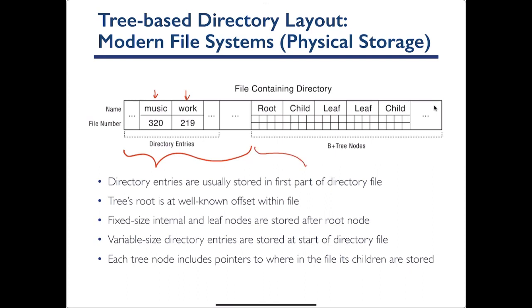Now you need extra room to store your B star tree nodes, the nodes that we use to search for a particular pair, and these could just come one after another. Again, each one of them is going to have a list of numbers and a list of pointers. So this pointer could point to another child.